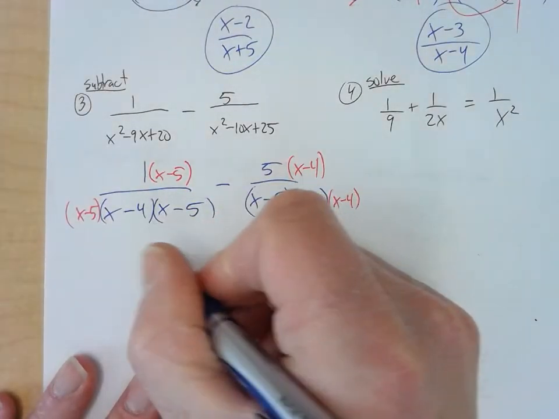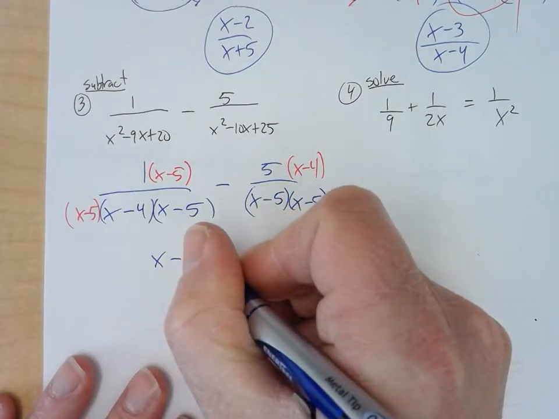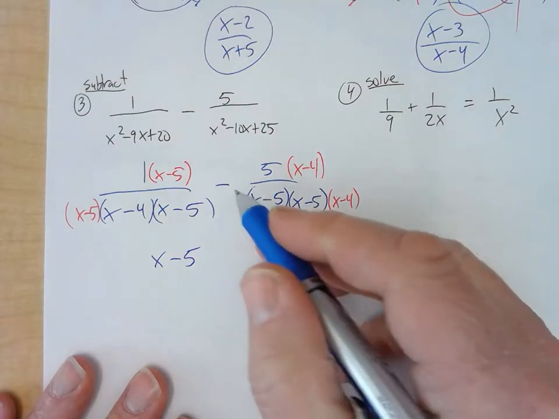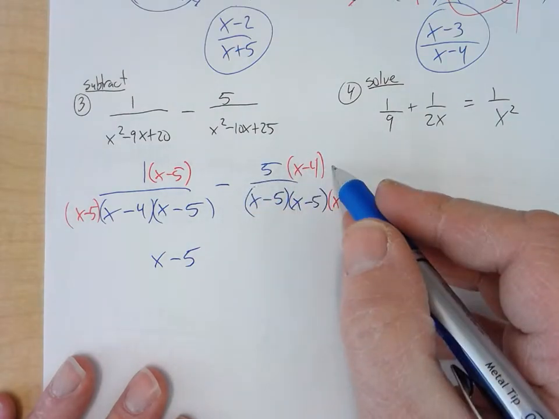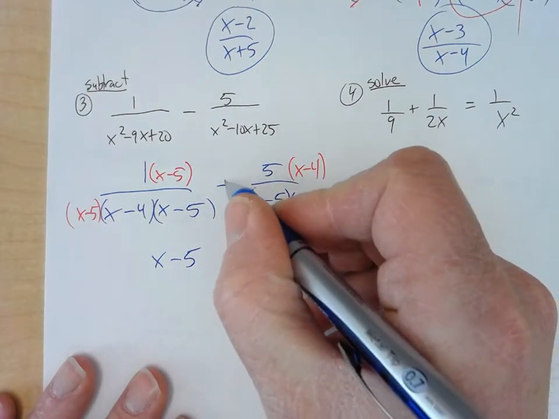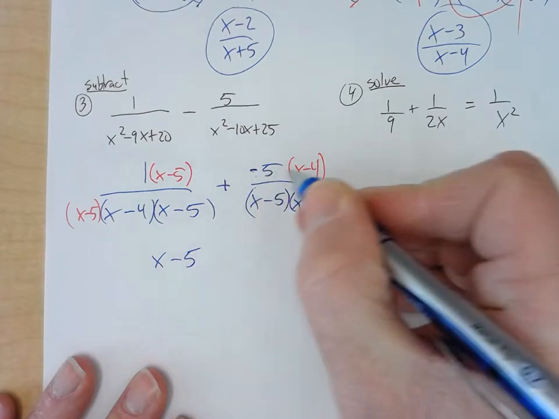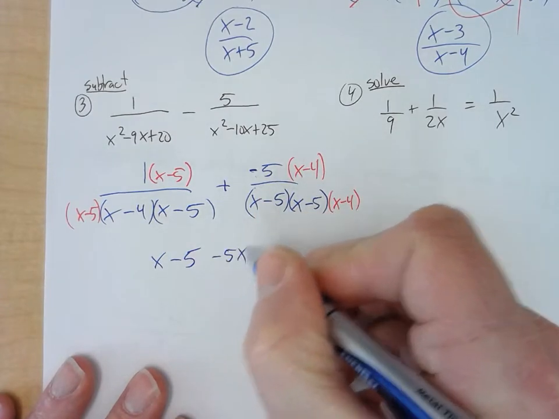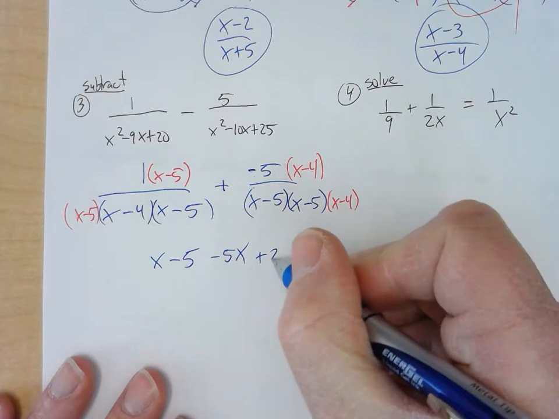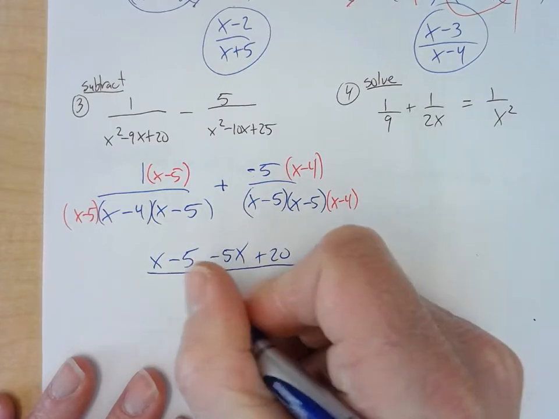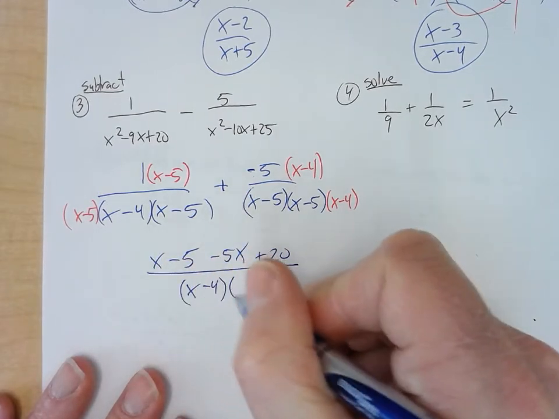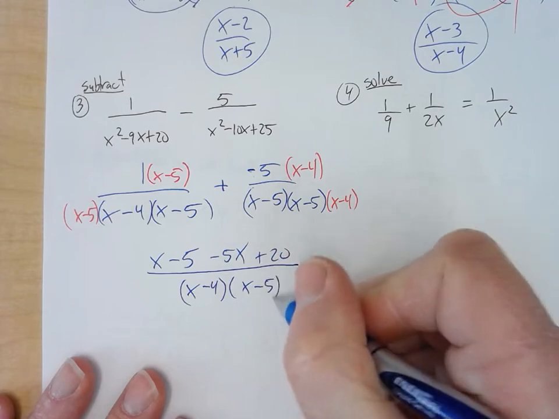So this would be x minus 5 multiplied by 1 doesn't do much. Now you have to distribute the negative here. So if you want to, you can think of this as plus negative 5. This times that would be negative 5x. This times that would be plus 20. Over x minus 4 times x minus 5 squared.